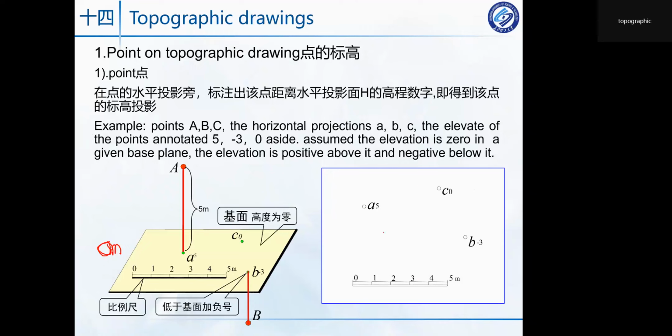Please draw this. It's very simple, but it's basic knowledge for the next part. Okay, 2 minutes for you to draw this.